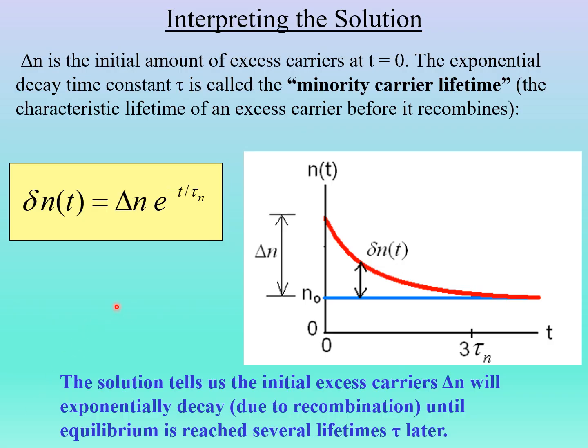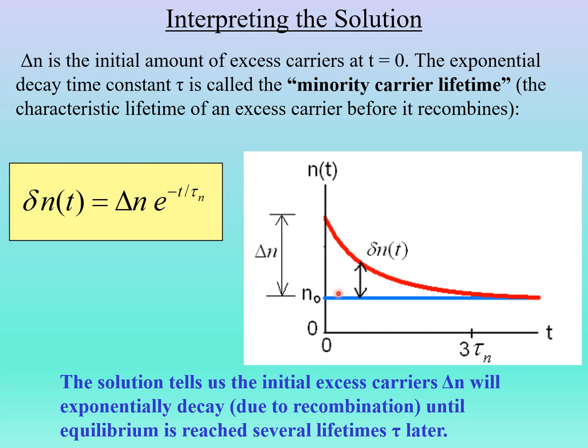So let's interpret this and try to make some sense out of our result. Here's our result again from doing the math on the last page. This uppercase delta n out in front is the initial number of excess electrons. This is a plot of time down here, and the total electron density plotted on the y-axis.